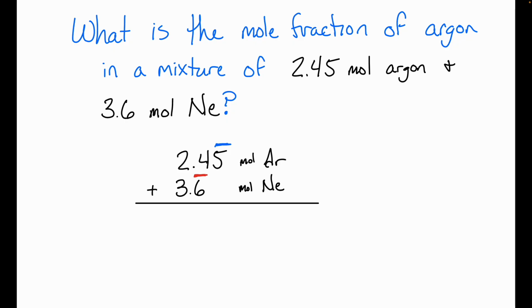The whole idea about carrying sig figs is we can't do an operation and get an answer that's more precise than what we started out with. Right? So my answer here is going to be limited in its precision to the tenths place. Whichever one you marked as the last sig fig in each number, whichever is furthest to the left is where the last sig fig in your answer is going to be.